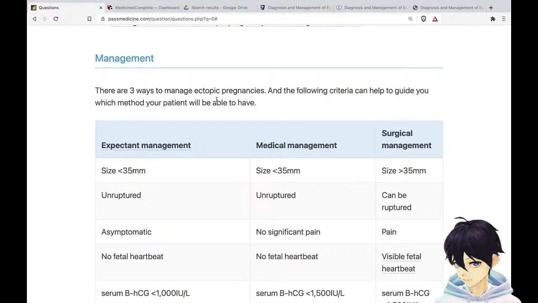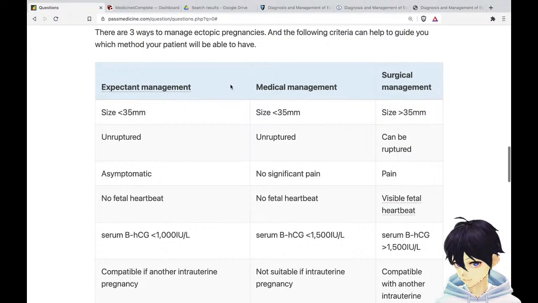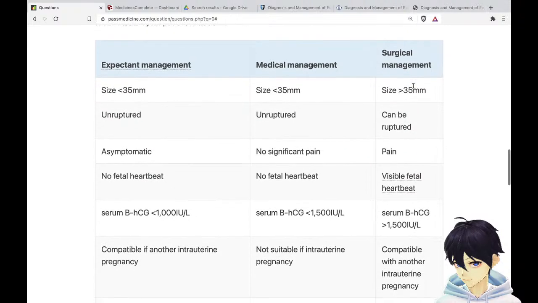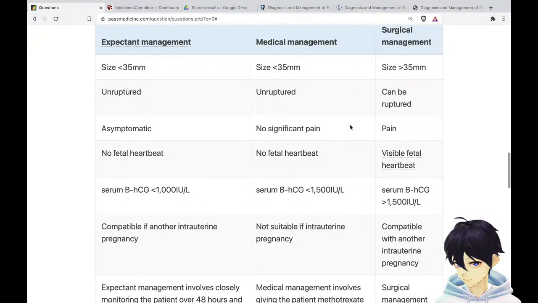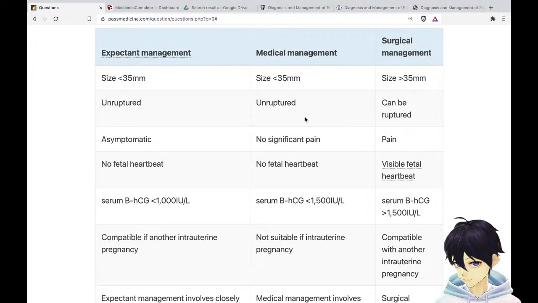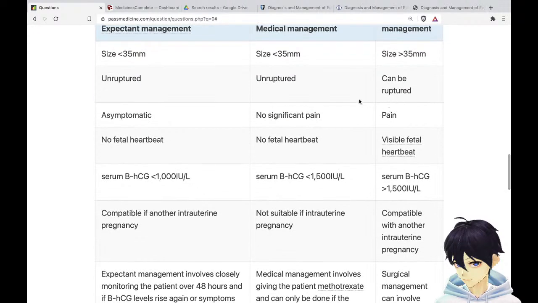Management. There are 3 ways to manage ectopic pregnancies, and the following criteria can help guide you on which method your patient will be able to have. So there's expectant management, medical management, and surgical management. Size of less than 35 mm, then you can do either expectant or medical. More than 35, you've got to do surgical. If it's unruptured, you can do medical, expectant or surgical, but you can still do surgical after it has ruptured.